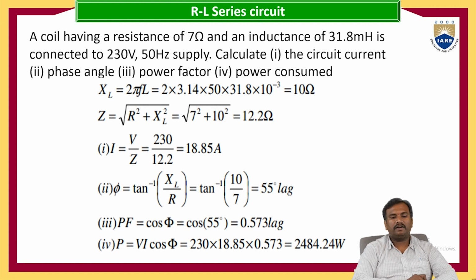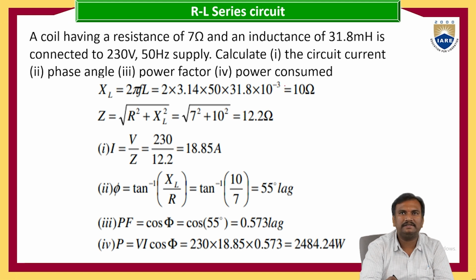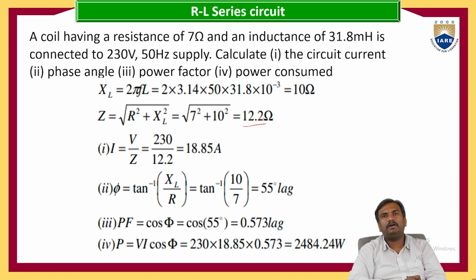For that, first let us calculate XL, the reactance of the inductor, that is equal to 2 pi fL, that is 2 into 3.14 into frequency 50 Hz into 31.8 into 10 to the power of minus 3, which is equal to 10 ohms. Z is equal to square root of R square plus XL square, which is 7 square plus 10 square, and we get it as 12.2 ohms.